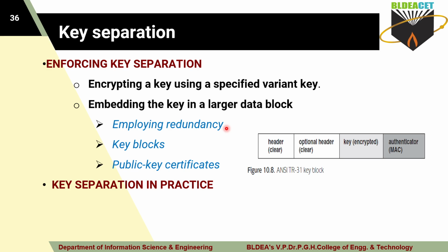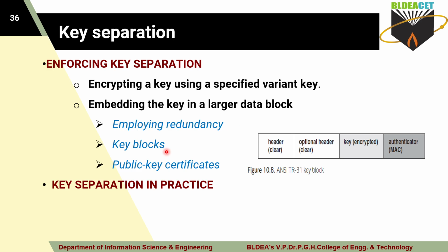If you use different keys, then you call them the public key and the private key. The public key is used for encryption, and the private key is used for decryption. Now if you embed such keys in a larger data block, you are employing redundancy. So what does redundancy mean? The same key is used for encryption and also for decryption.